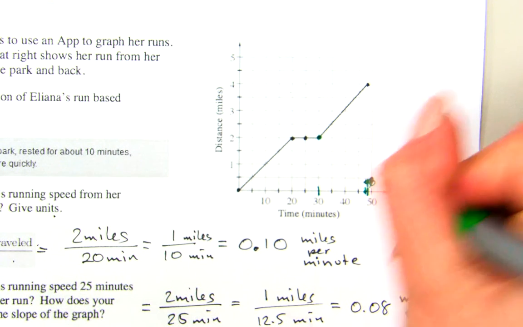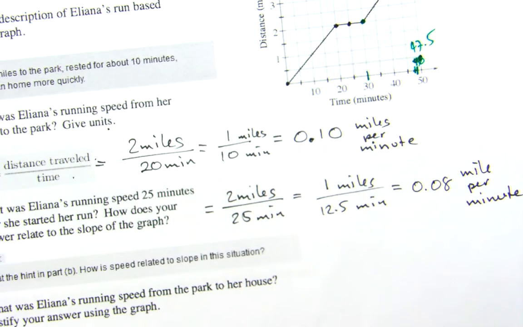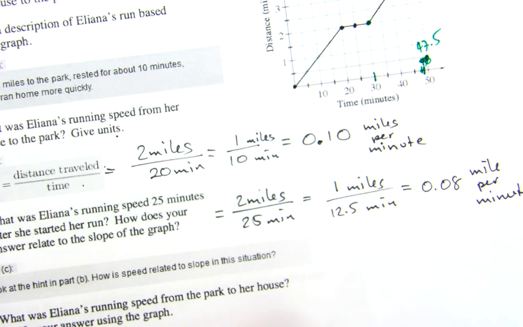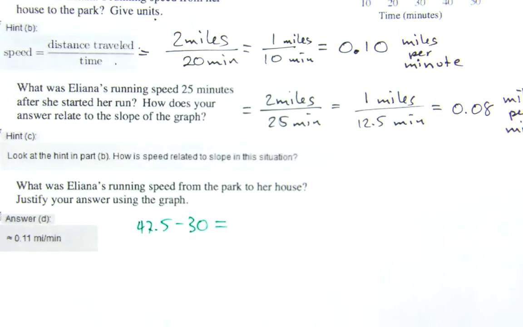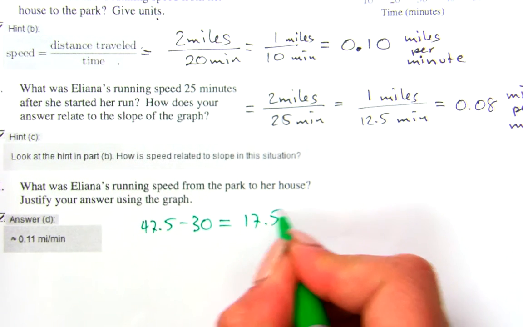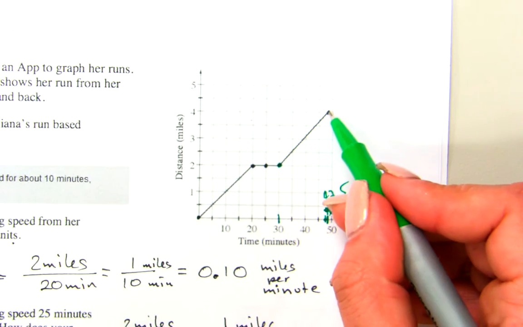It looks like it's about halfway. All right, so in between 30 and 47.5. So 47.5 minus 30 is going to give you 17.5, right? And then she ran from 2 to 4.